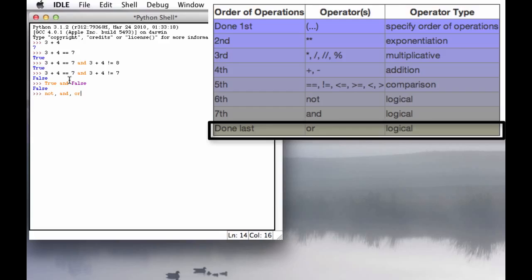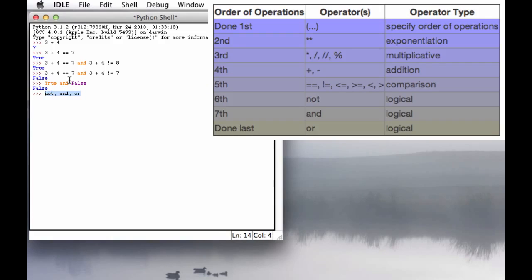If we combine those together, we can say, 3 plus 4 is equal to 7, and not 3 plus 4 is equal to 7. What happens here is the arithmetic operations get done first, so we end up with 7 equal to 7 and not 7 equal to 7.